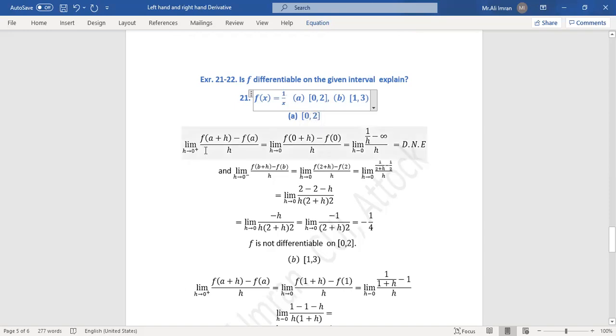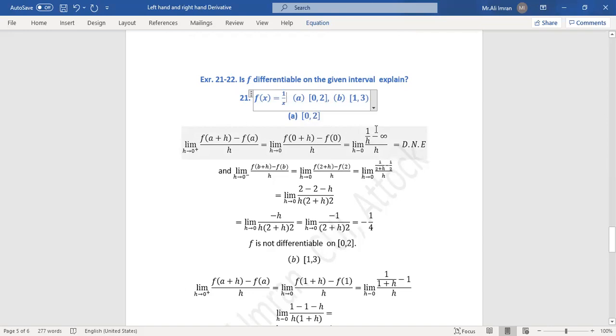This is the definition of the right hand derivative: limit h tends to 0 of f of a plus h minus f of a divided by h. Here, the value of a is equal to 0 and value of b is equal to 2. For the right hand limit, we will put a equal to 0. Limit h tends to 0 of f of 0 plus h minus f of 0 divided by h.